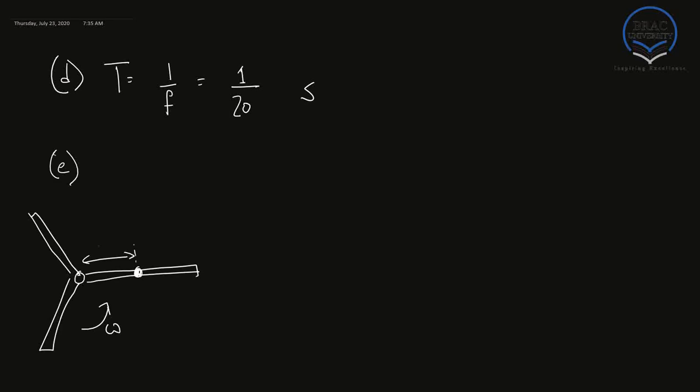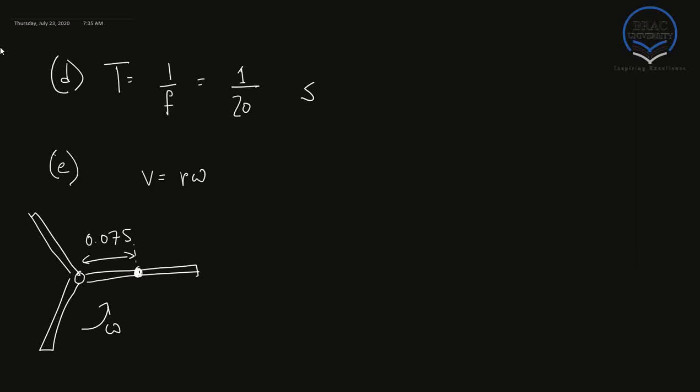Alright, so in part E, we want to find the velocity and acceleration of a point that's halfway along the blade, which is a distance of 0.075 meters along the blade. So the velocity will be given by v equal to r omega again.